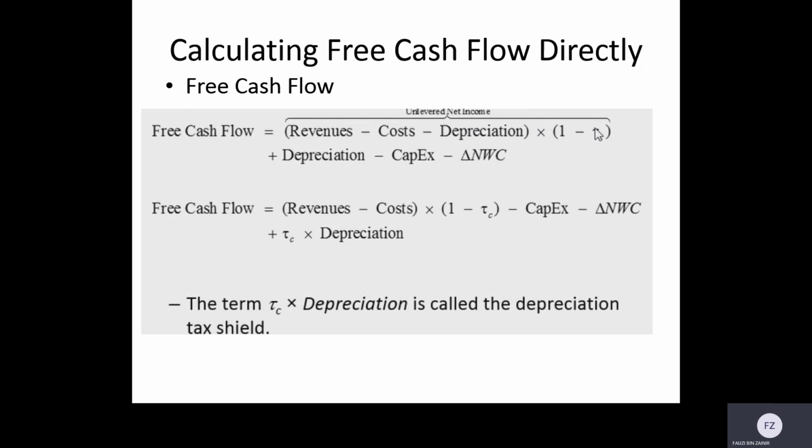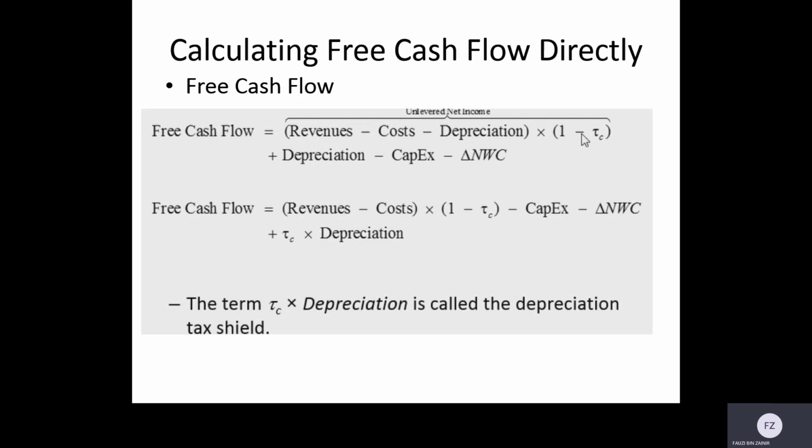If you look into it, you see what is left over: you have minus depreciation, and then you add back the depreciation, so the depreciation variable would just disappear. It cancels itself off, because you have minus and then plus depreciation.